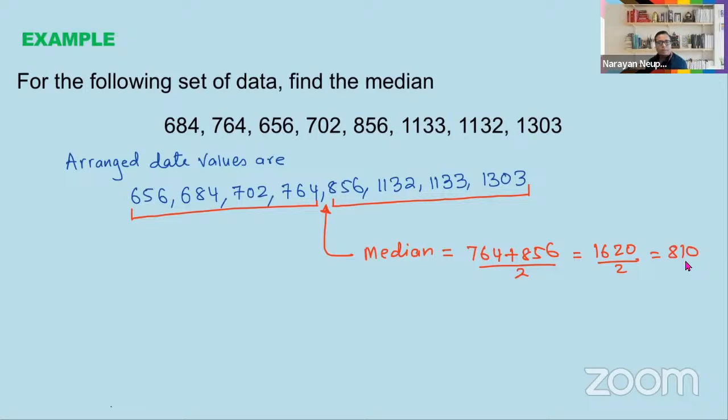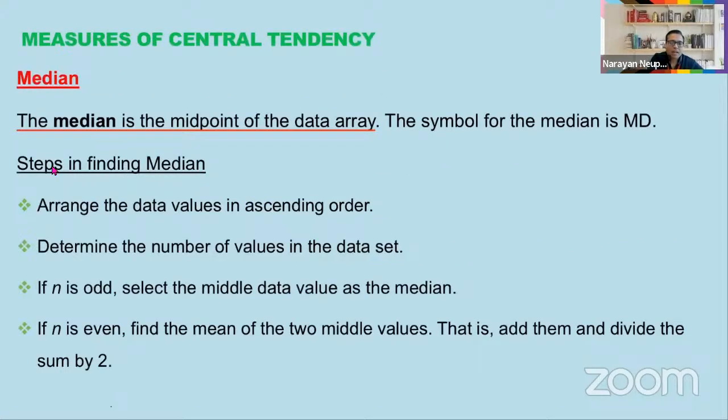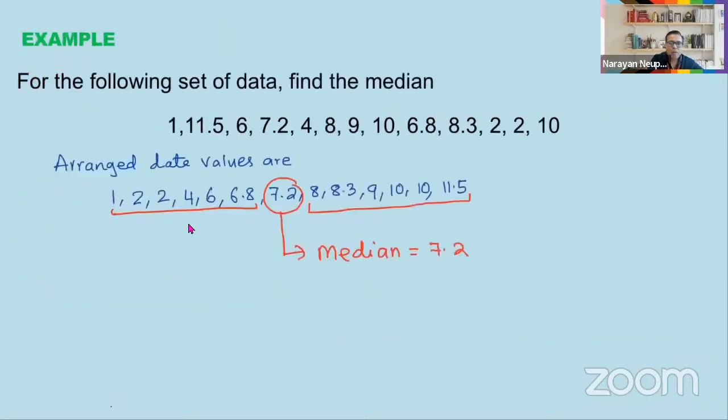Is this easy? Okay, so if I go back to my previous slide, I've listed the process of finding the median. First, you arrange the data, then you see how many observations there are. If it is odd, like in this one where we have 13, the value exactly in the middle is the median.